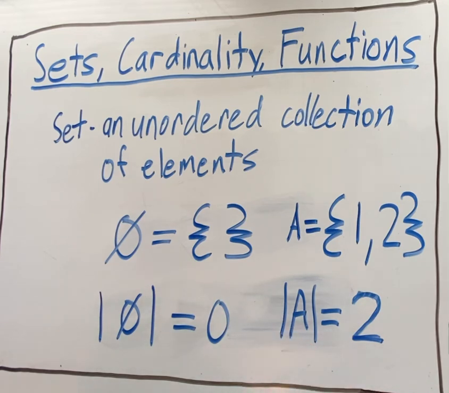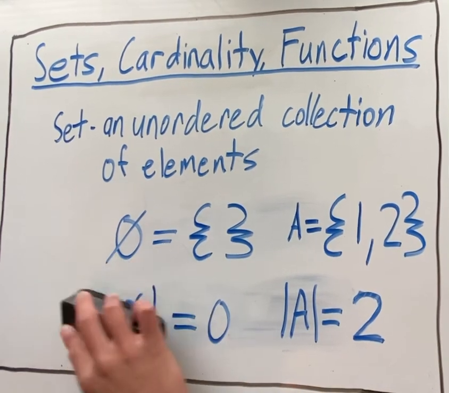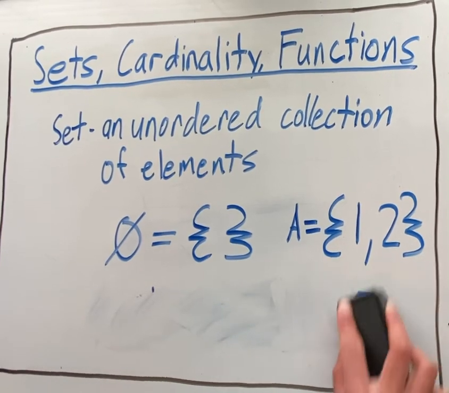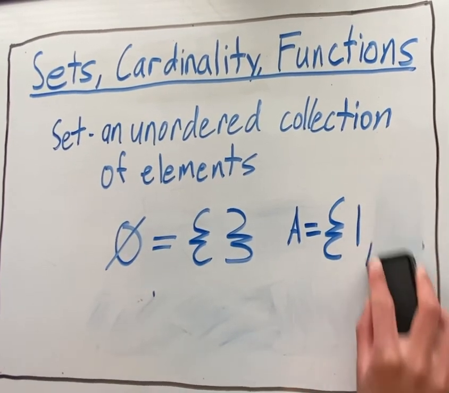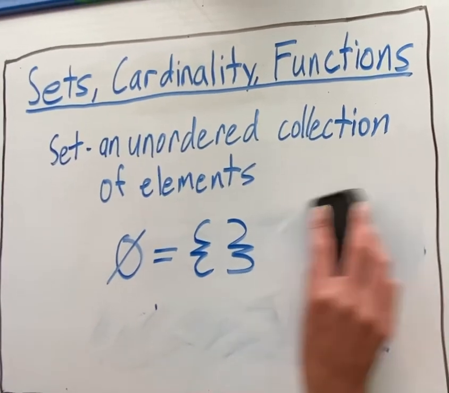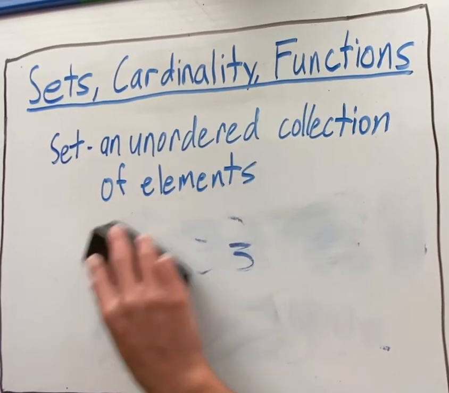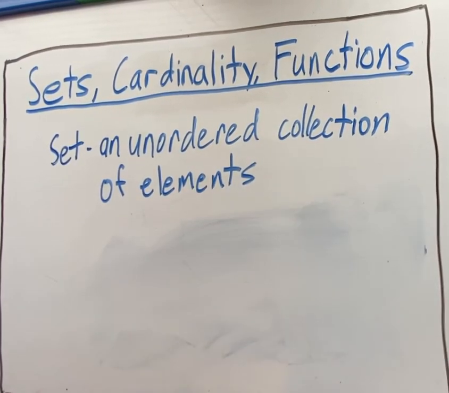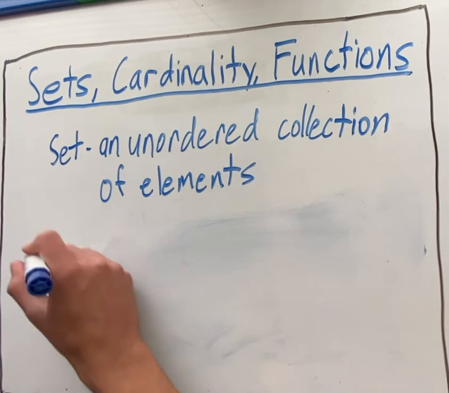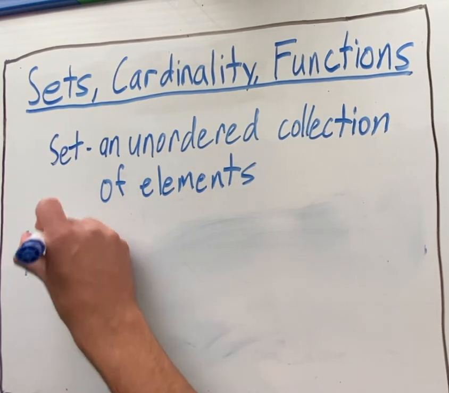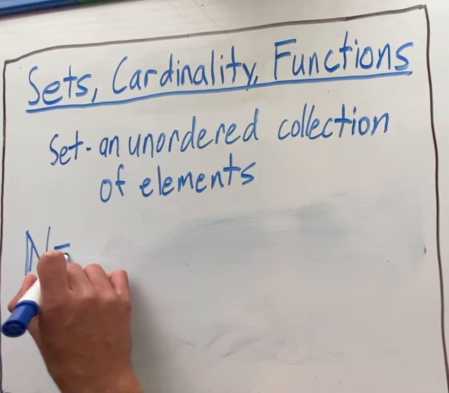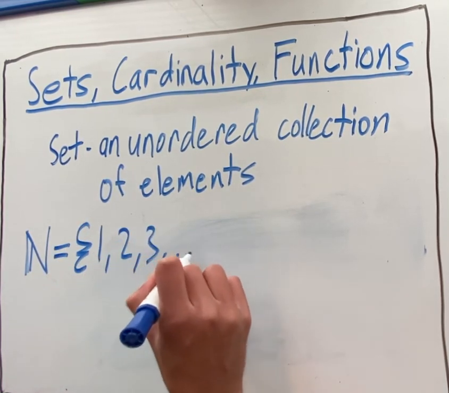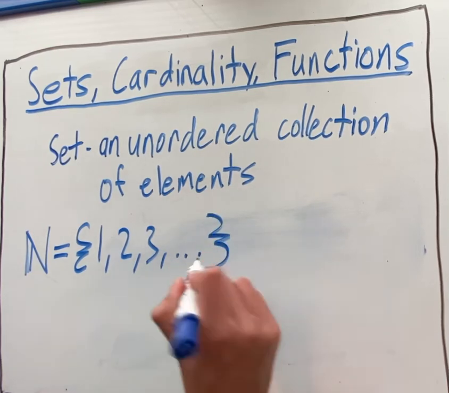So just to give you a hint of where we're going, we want to compare different types of sets that have infinite elements. In particular, I'll give you a few examples of the sets we'll be talking about. One is the natural numbers. I have seen multiple definitions of the natural numbers, which some include 0, some do not. But the natural numbers are denoted by bold font N, and it's the set of numbers 1, 2, 3, and just keep counting upwards, and there's no end.